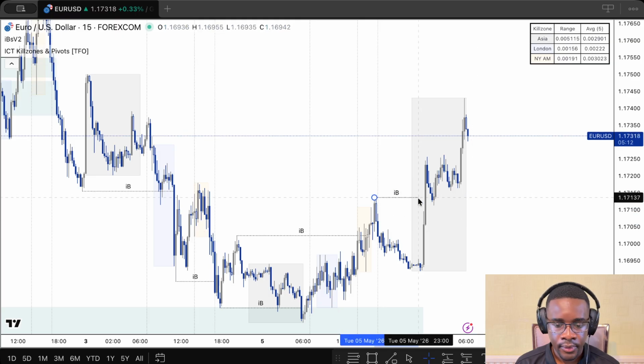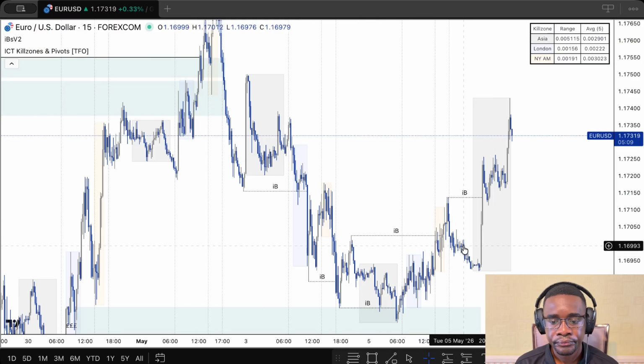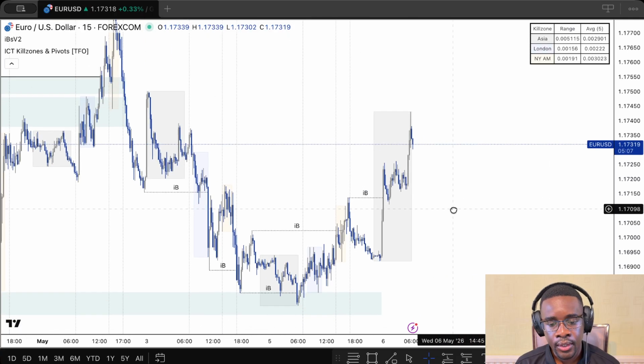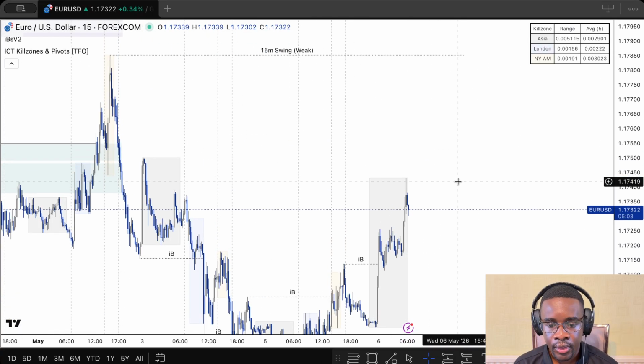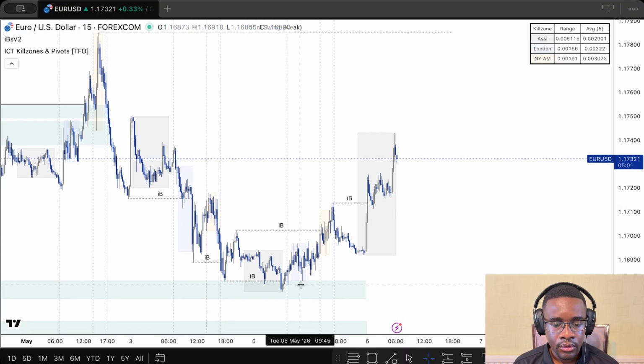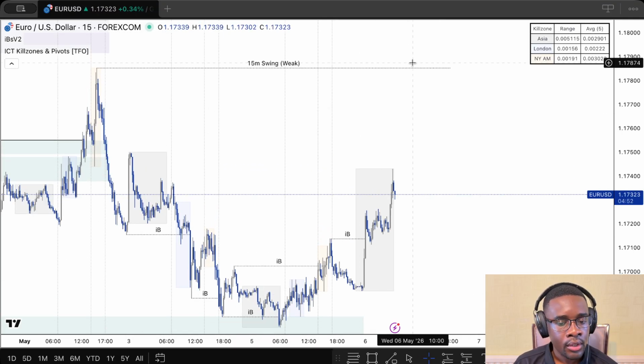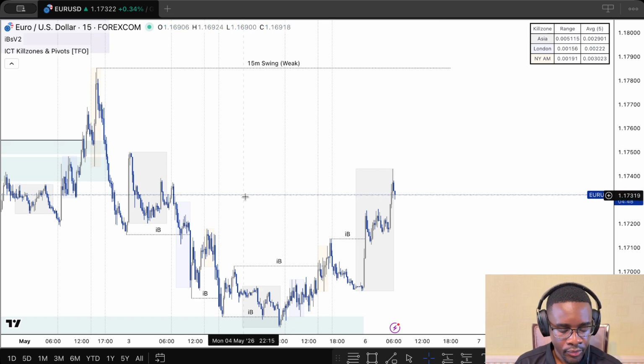So now we have our internal and our swing aligned. Both of them are now bullish. So now we could say the objective, the pullback, which was the objective, is now complete, and now price could be ready to go on to attack this week high.